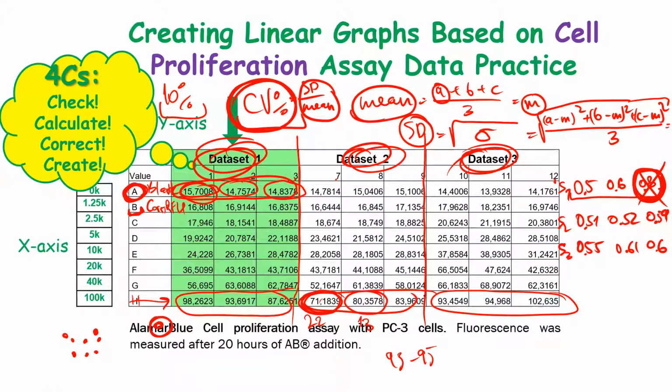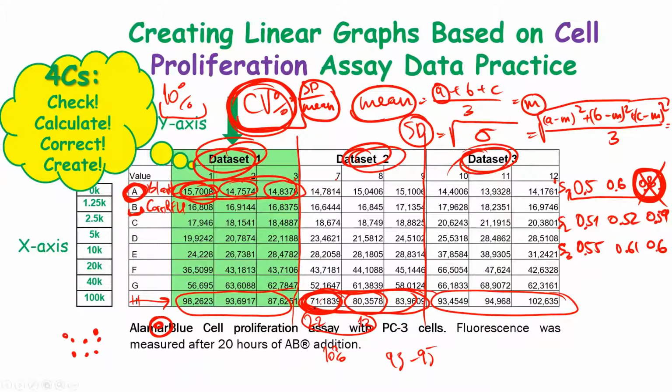But if you calculate data set 2 first, you will see that it actually falls within a 10% coefficient of variance, which means that you might operate with this value. But after you combine all 3, you might see that this guy is suspicious.